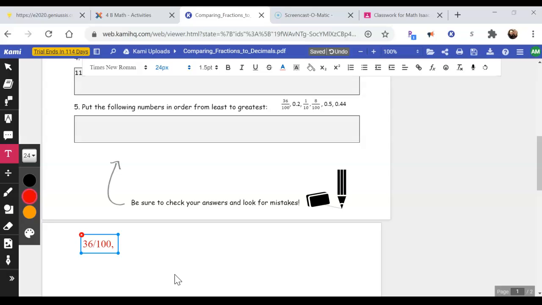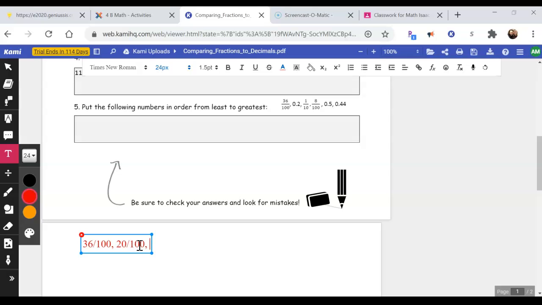The quickest and easiest way is, in order to get 100 at the bottom, you've already got a 10, you have to add a 0. What you do to the bottom, you have to do to the top. So instead of 2 over 10, we add a 0 to the top because we had to add one to the bottom. So now that one is converted.